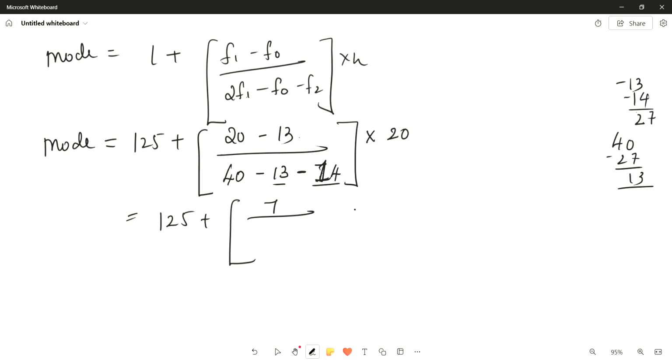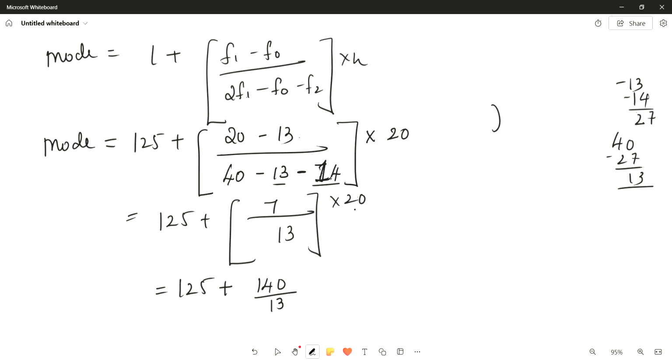Same thing you people got? These two negative numbers add, then subtract: 40 minus 27, that is 13, into 20. So it is 125 plus, multiply these two, 7 twos are 14, 140 by 13. Do this division separately, then add it to the 125.